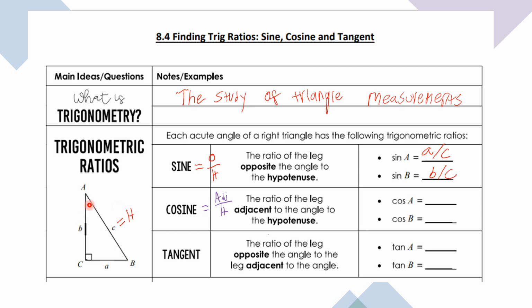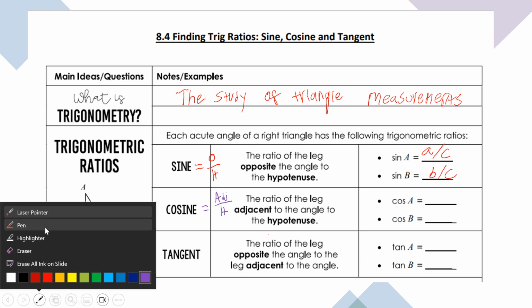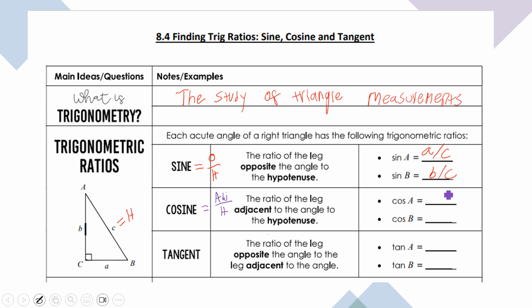We know c is the hypotenuse and a is its opposite, so the only one left really is b. That kind of has to be the adjacent. But again, it's also the side right next to A that is not the hypotenuse. So we could say the cosine of A is b over c. So again, for cosine of B, the adjacent side would be a, and then the hypotenuse is still c. So a over c.